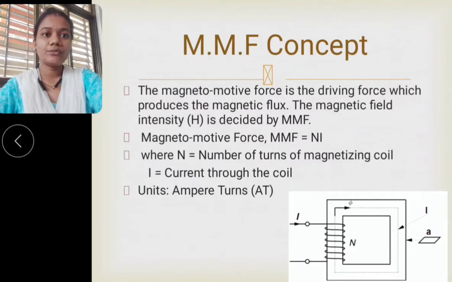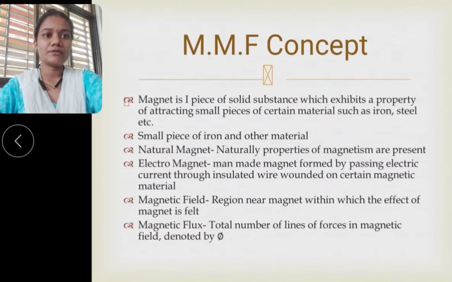The unit of magnetomotive force is ampere turns, that is AT, with current in amperes and N in turns.